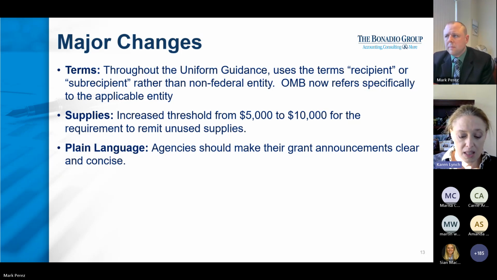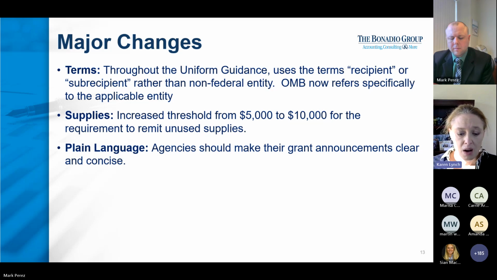Later on, we'll also comment that this does also include equipment. So there's sometimes confusion between what's equipment, what's supplies. The threshold has now increased for both of those from 5,000 to 10,000, and then the requirement to remit unused supplies. So that's a little bit more reasonable with inflation. Having those thresholds increase, the 5,000 was becoming burdensome to evaluate what is considered unused supplies.